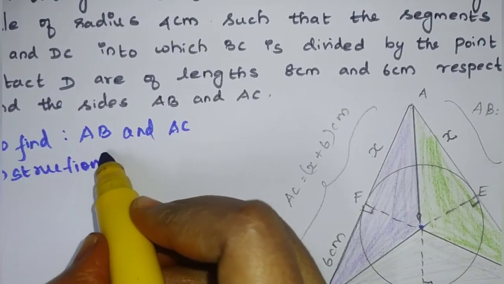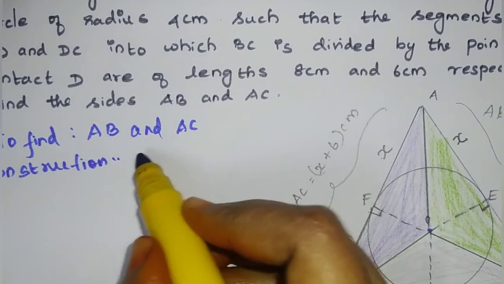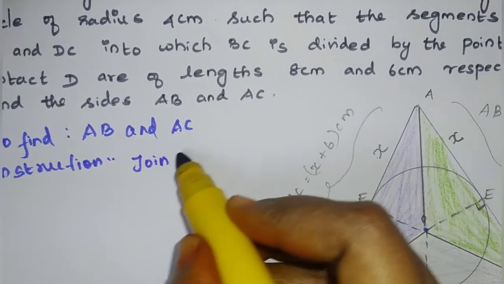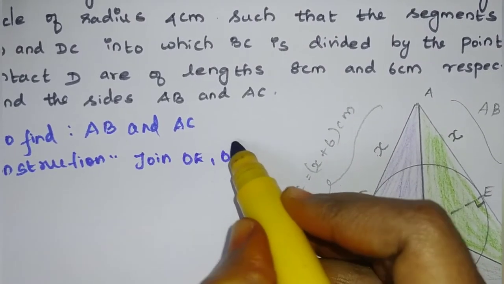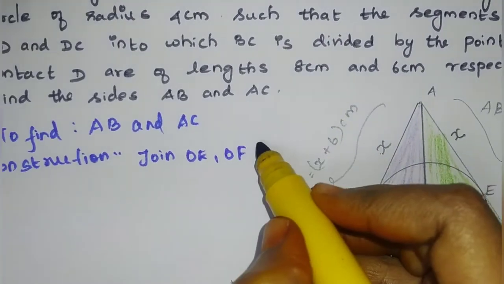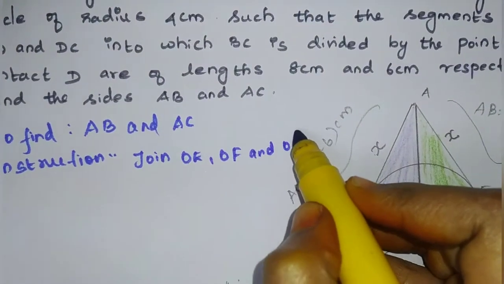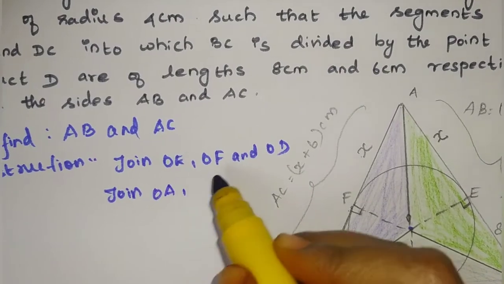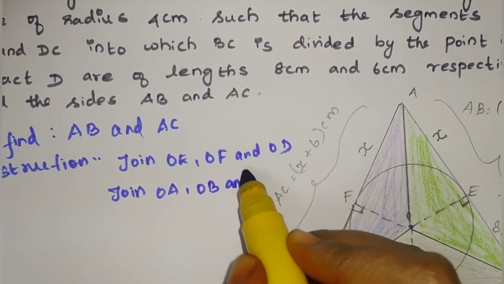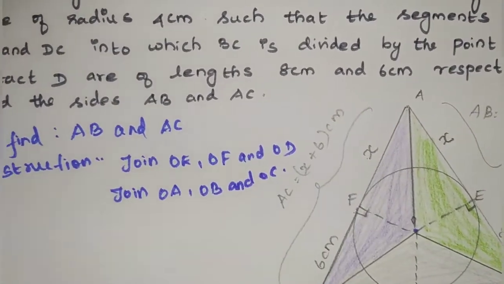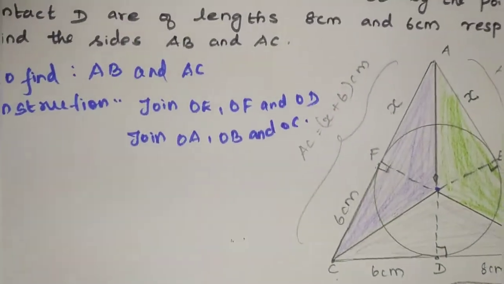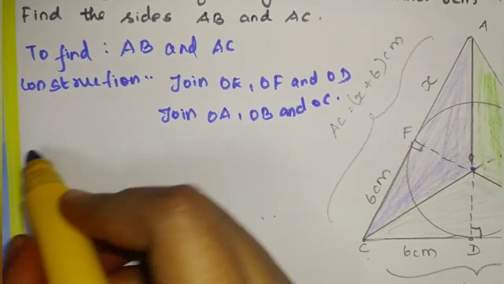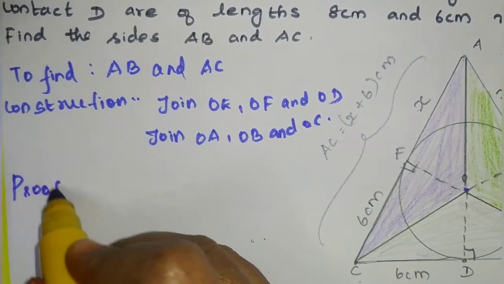Join OE, OF and OD, and join OA, OB and OC also. Clear, children? Okay. Now start our proof.